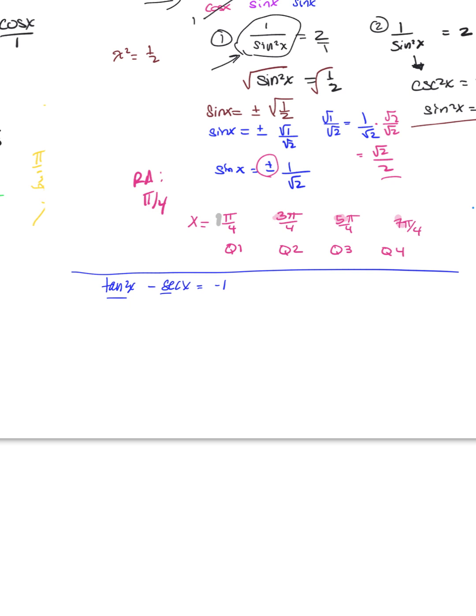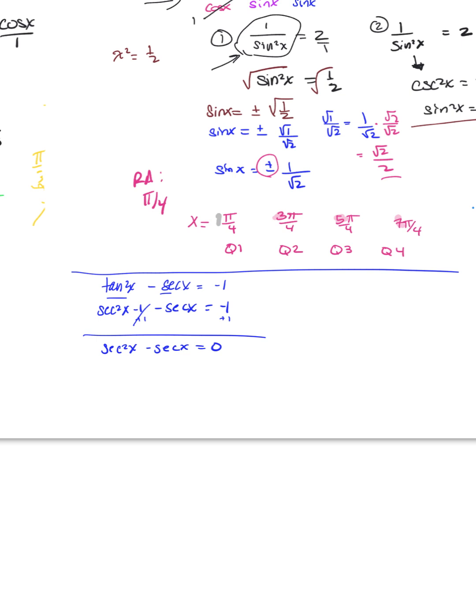The identity of tan squared x is secant squared x minus 1, minus secant x equals -1.